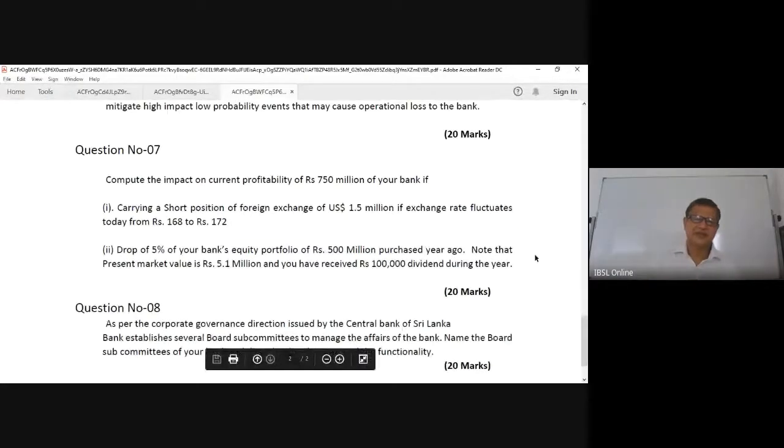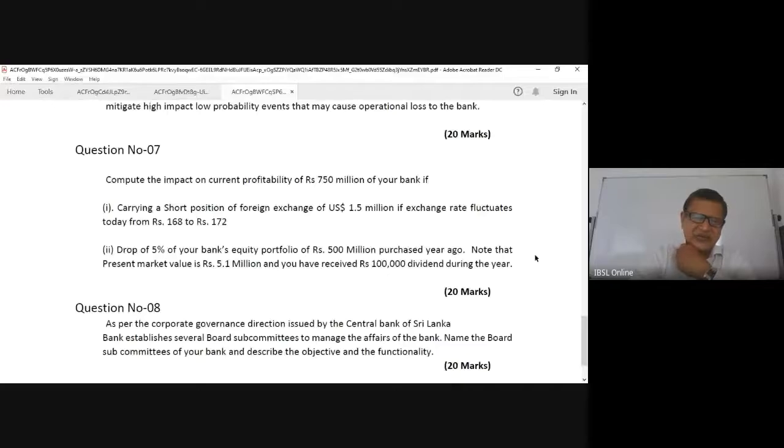Right. Now we are on the 7th question, and it's a very easy one. 20 marks are up for grabs in a small calculation. This is about computing the impact on the current profitability of 750 million of your bank, given 2 scenarios.